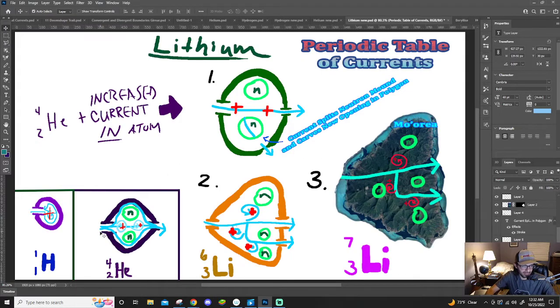So back to the concept that it cuts across. Like this channel that it opened in helium is there in lithium. There's the initial channel, then the channel that it opened for helium, and then the channel that it opened when it became lithium.